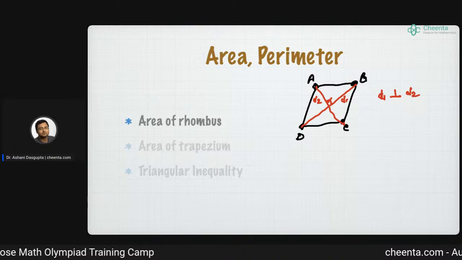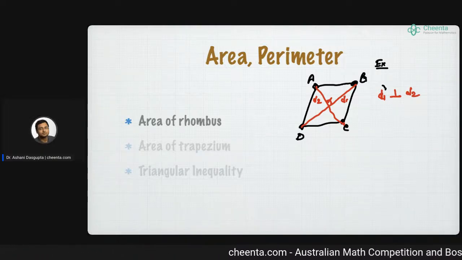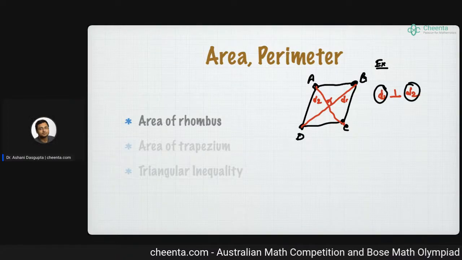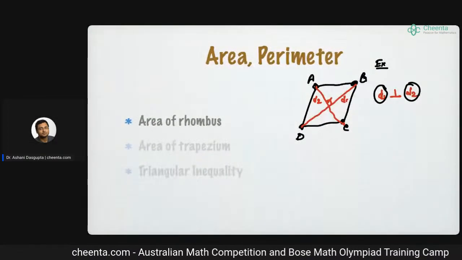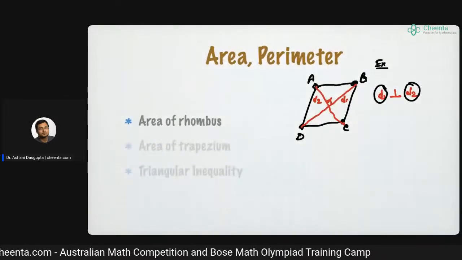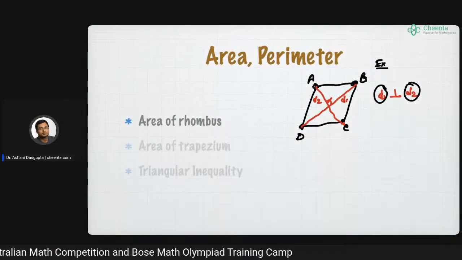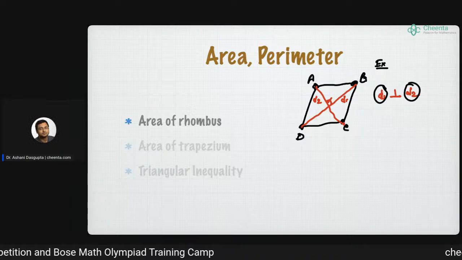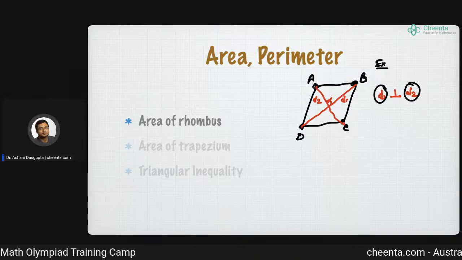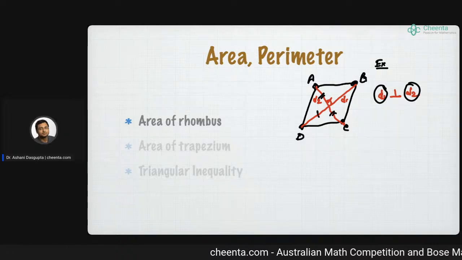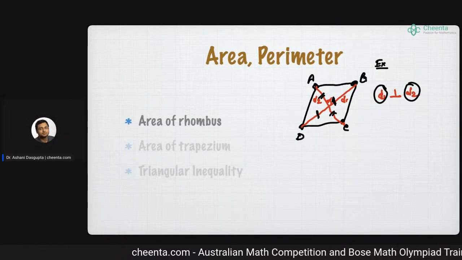So here is an exercise problem: show that the diagonals of a rhombus are perpendicular to each other. If you look into it, you immediately see that not only are they perpendicular to each other, they also bisect each other. So these two are equal, these two are equal.